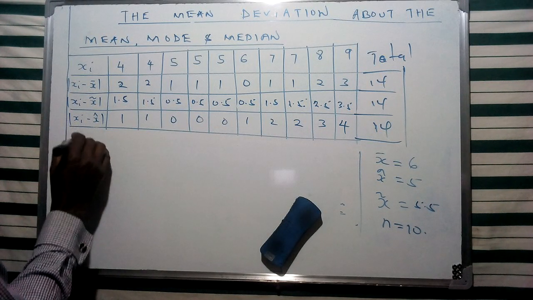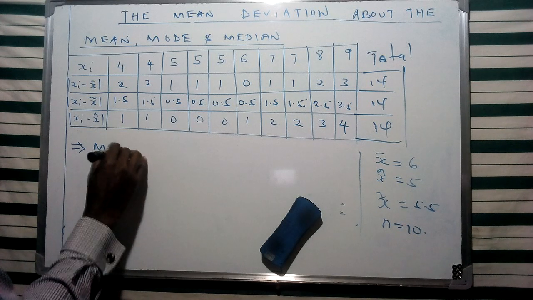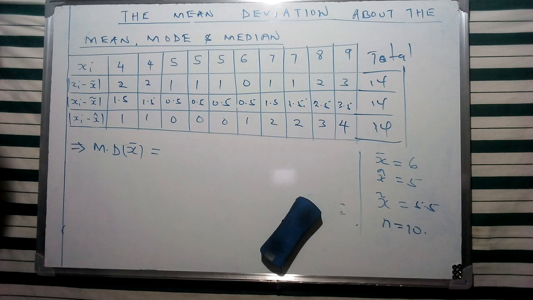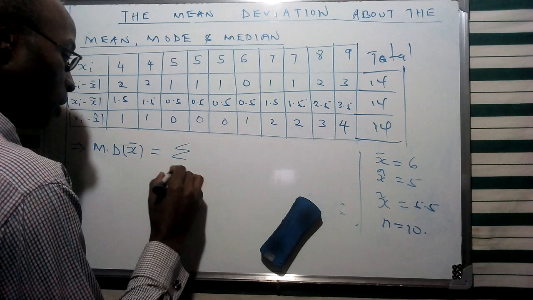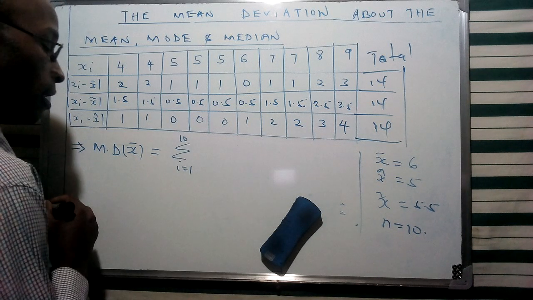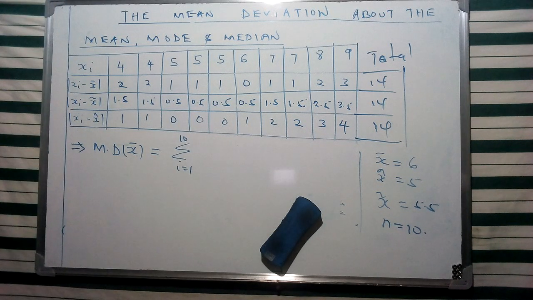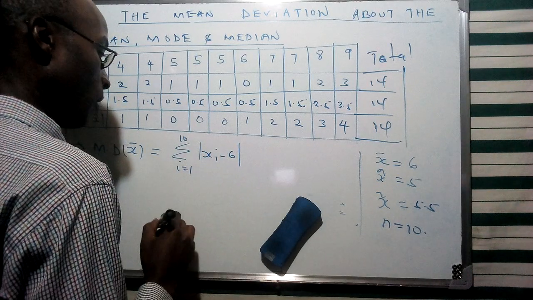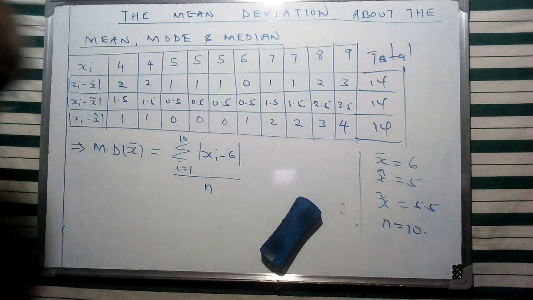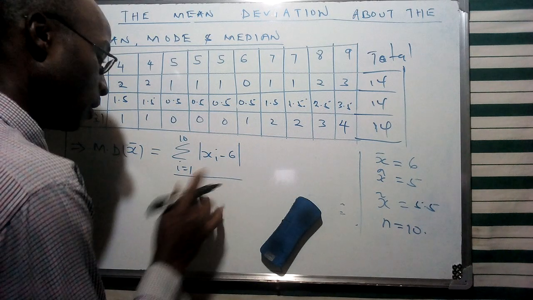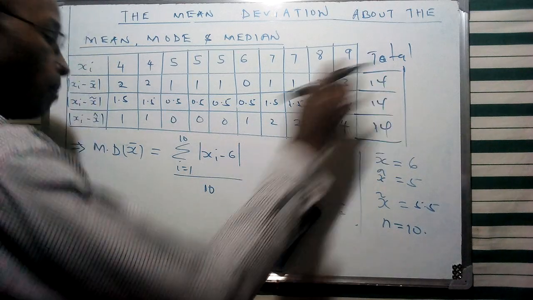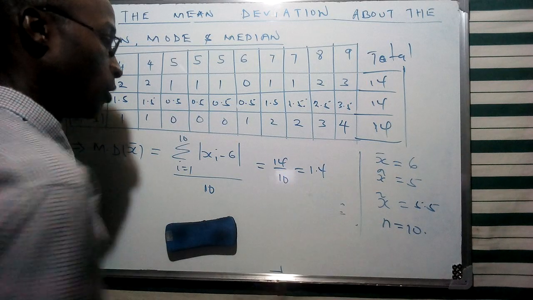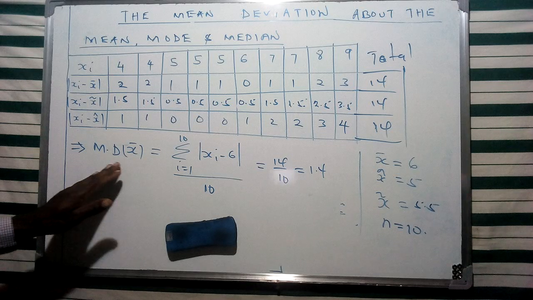To evaluate the mean deviation about the mean, this is going to be given as the summation from i equals 1 to 10, where n is equivalent to 10, of the absolute value of x minus 6, which is our mean, all divided by n, which is 10. We have found the summation of these values to be 14, divided by 10, equivalent to 1.4. So that's the mean deviation about the mean.